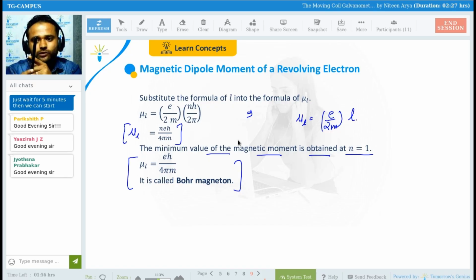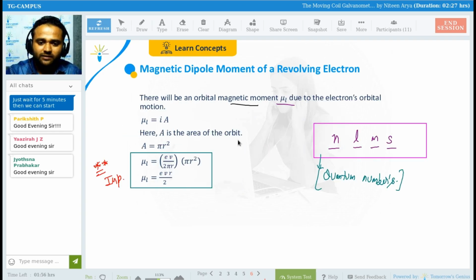So it rotates in this way also. Due to these two rotations, we have a magnetic field due to the electron rotation. And when we have a magnetic field, we have a magnetic dipole moment also. The magnetic dipole moment initially is mu L equals to IA, where I is the current, ev by 2 pi r, and A is pi r squared.